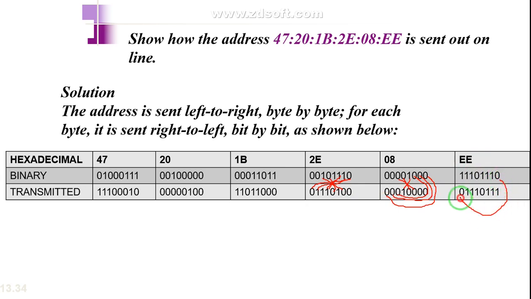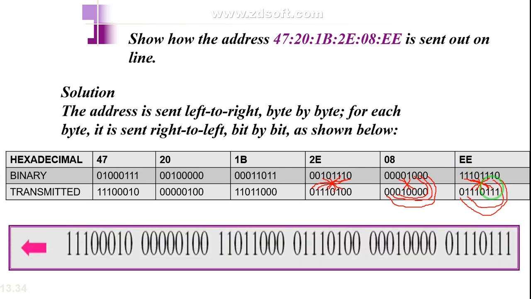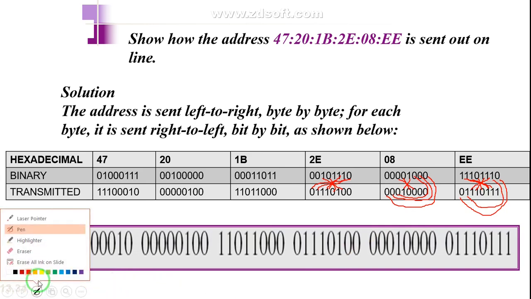First it is 0, then 1, then this one, then this one, and last this 0. Bit by bit, each bit is transmitted right to left. Hope you understood how the bits have been transmitted.